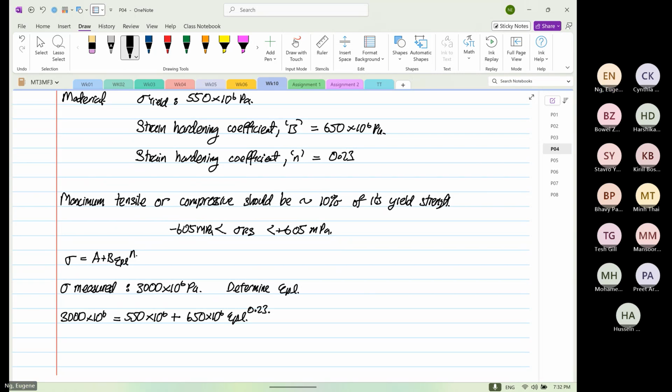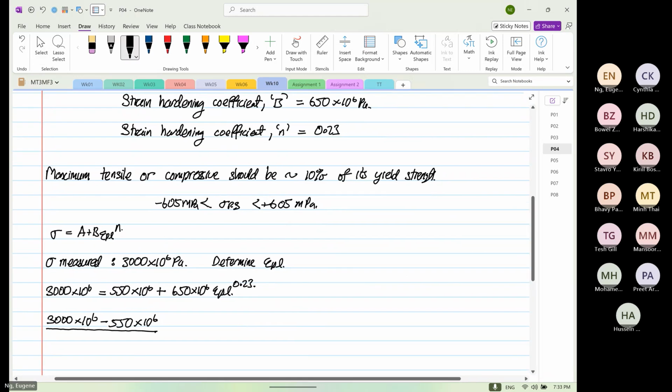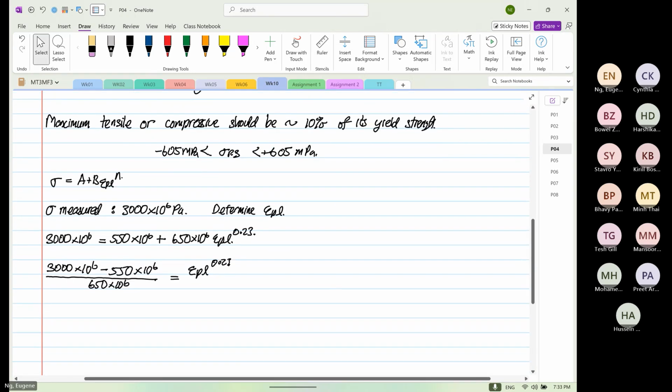So this will be 3,000 minus 550 divided by 650 is equal to 3.769. I'll write out the simple math, I don't want to skip a step.